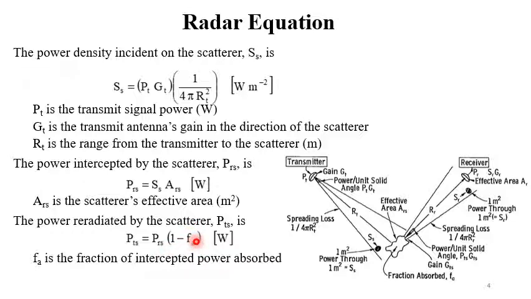PRS into FA is the absorbed power. So the re-radiated power, PTS, equals PRS minus PRS into FA. That means PRS into 1 minus FA.